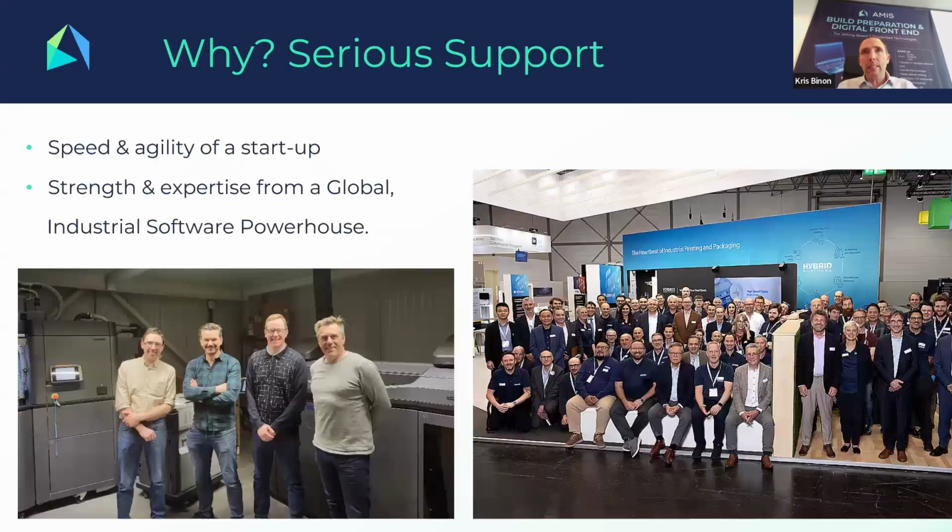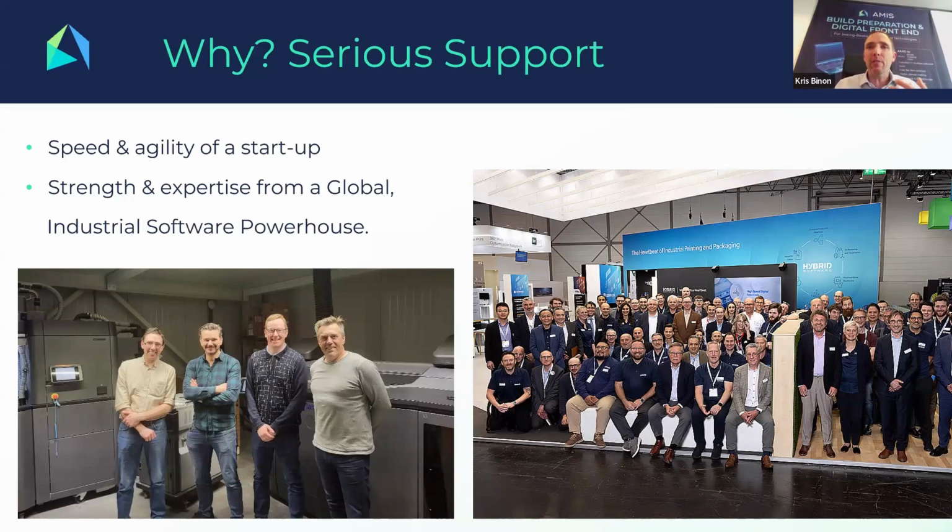Now, another reason was the support I was talking about, and the fact that somebody new is coming to the organization to support this and that. But basically, that stems from the fact that AMIS Pro, yes, we are, or AMIS, we are a startup. But on the other hand, we are part of a global group, a hybrid software group, which is a position that many startups envy us for.